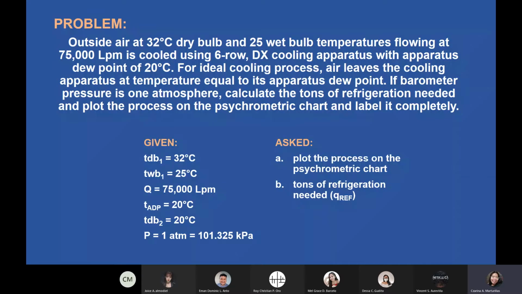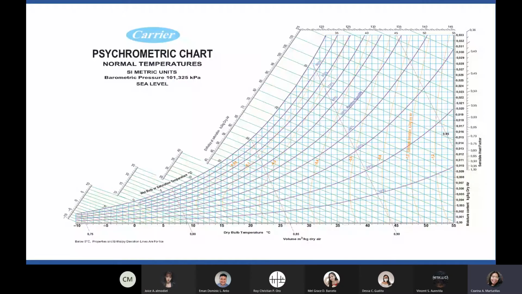First of all, before we solve the equation mathematically, we are to study the process through the psychrometric chart. Through the given in the problem, we plot the values. First, the outside air is at a dry bulb temperature of 32 degrees Celsius, represented by the vertical line, and a wet bulb temperature of 25 degrees Celsius, represented by these lines.